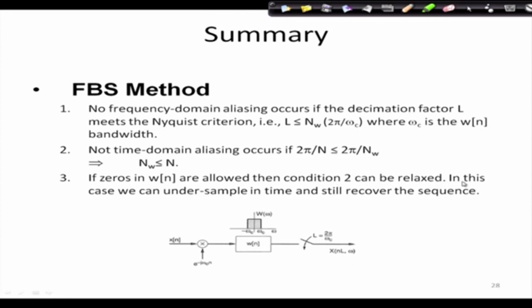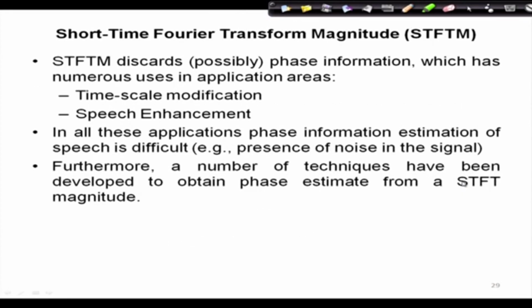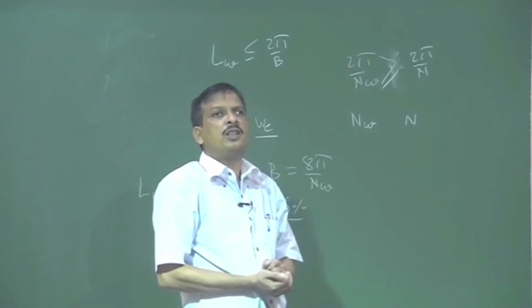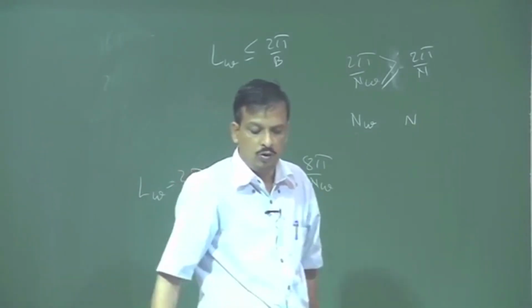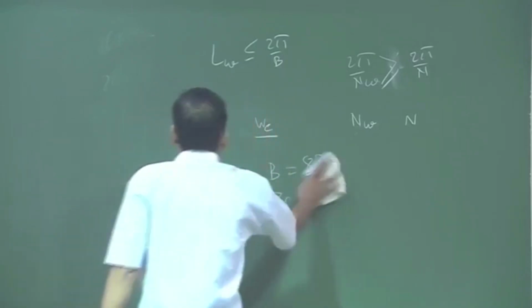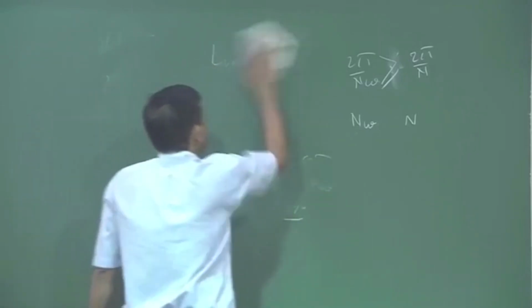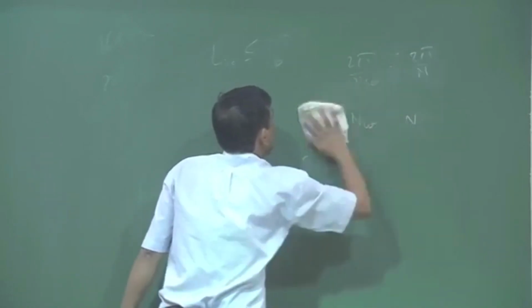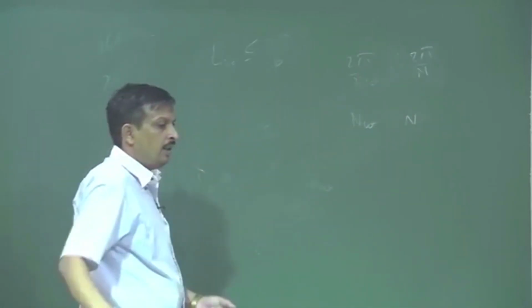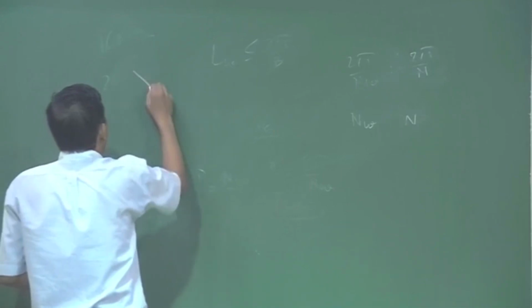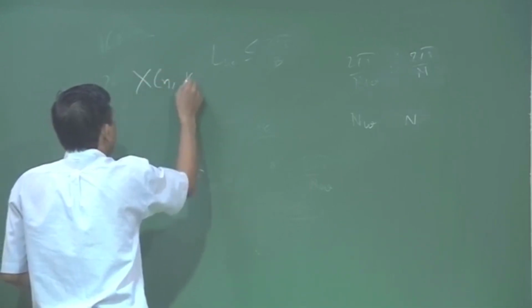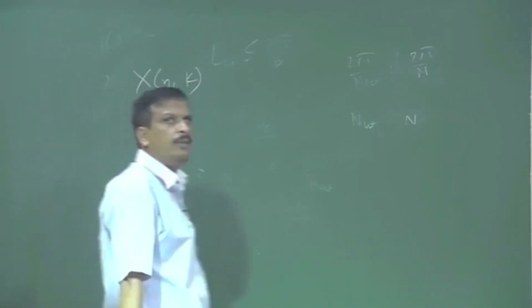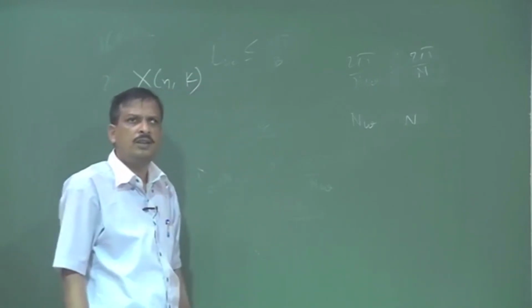So, now I come to the short term Fourier transform magnitude. Before that we should explain it. x of nk is nothing but a complex number, the Fourier transform.